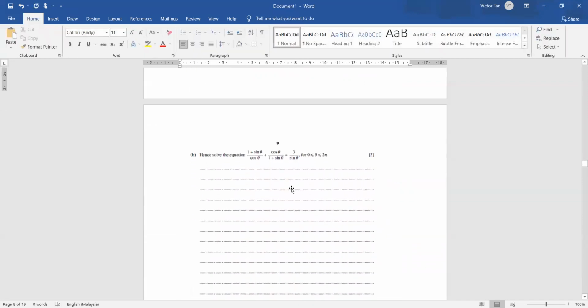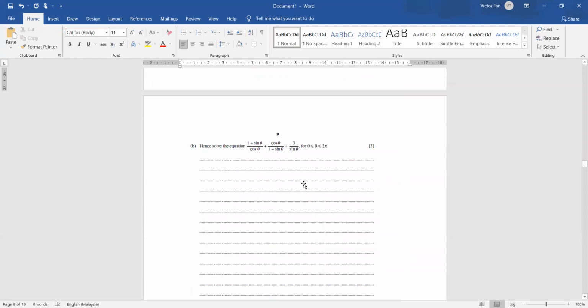Hence solve the equation 1 plus sine theta over cos theta equals 4 for values of theta between 0 and 2 pi. Okay, the first part, we have already shown that it is 2 over cos theta equals 3 over sine theta. Multiplying sine theta up and bringing 2 down, you have sine theta over cos theta equals 3 over 2.